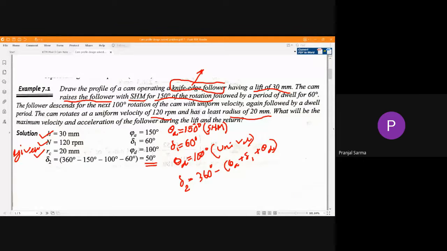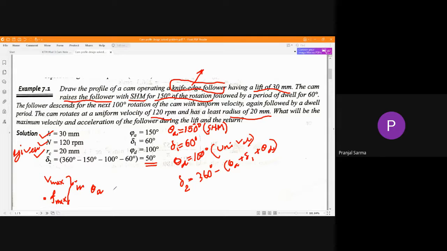So these are the given data, and you need to find the maximum velocity V max and your acceleration. You can denote it A or F, that is up to you. F max during both the strokes, during lift and during return.